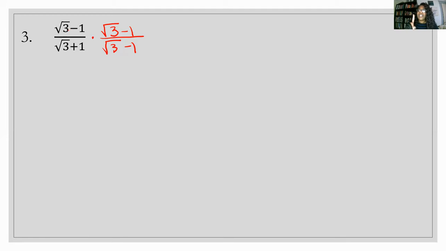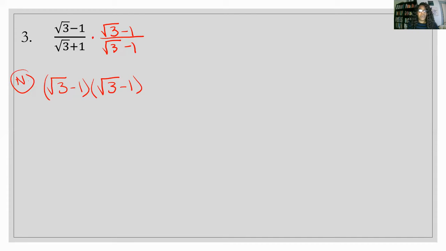Pause. Take a look at the signs. Are the signs opposite of each other? No, they're exactly the same. So for your numerator, you're going to have to do either the box or FOIL method, because my signs aren't exactly the same.